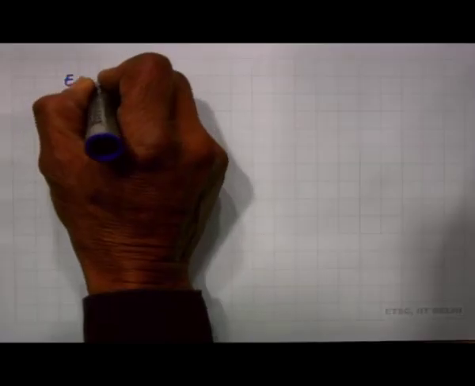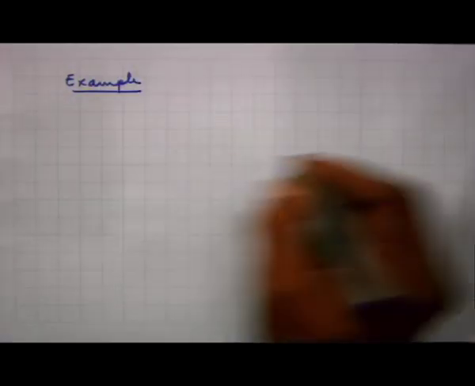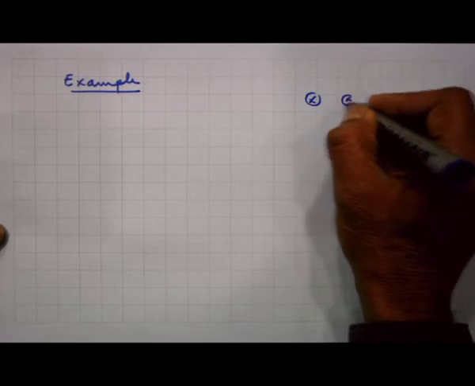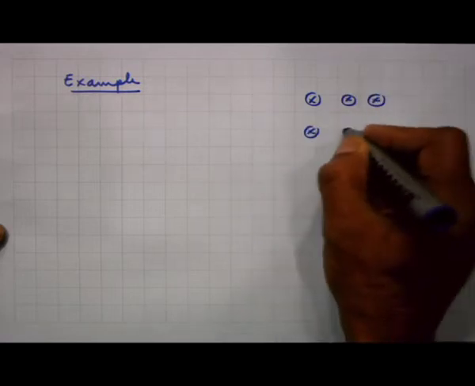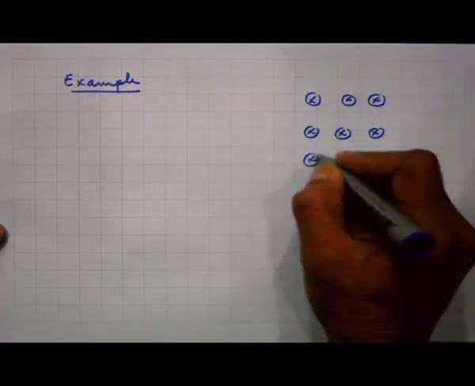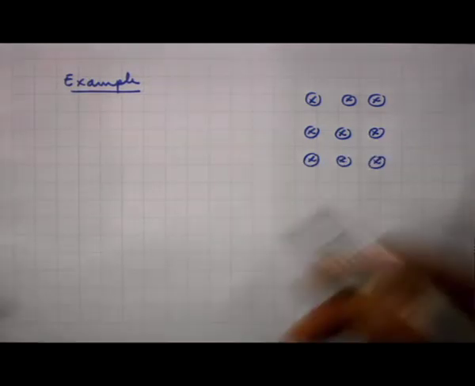So, let me look at an example. Let me assume the uniform magnetic field again pointing down. These are my conducting rods.